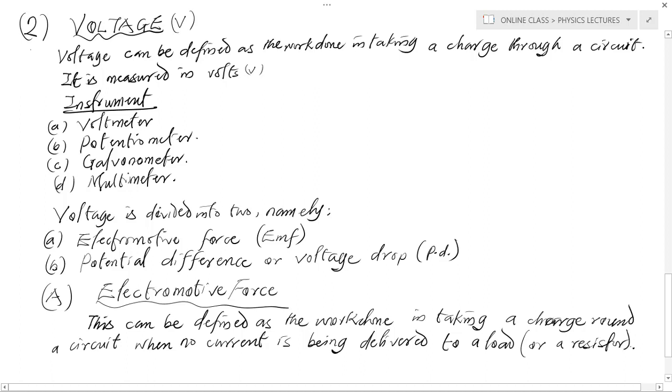This one means no current is passing through the resistor, and that is why it is called electromotive force. The EMF is how to get the total voltage of the cell. You won't allow anything to pass through the cell, and there is nothing else connected to it. So that is electromotive force.